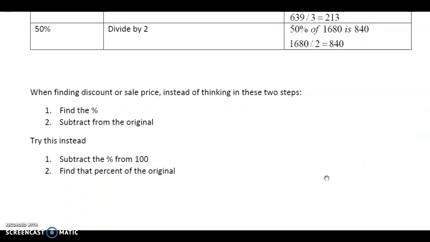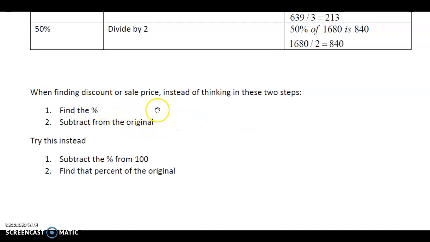Now you also should know how to calculate, right? On the assessment, you'll have to calculate discount or sale price or tax or tip. In general, when you're finding the discount or the sale price, we do it in two steps. You find the percent and then you subtract from the original.